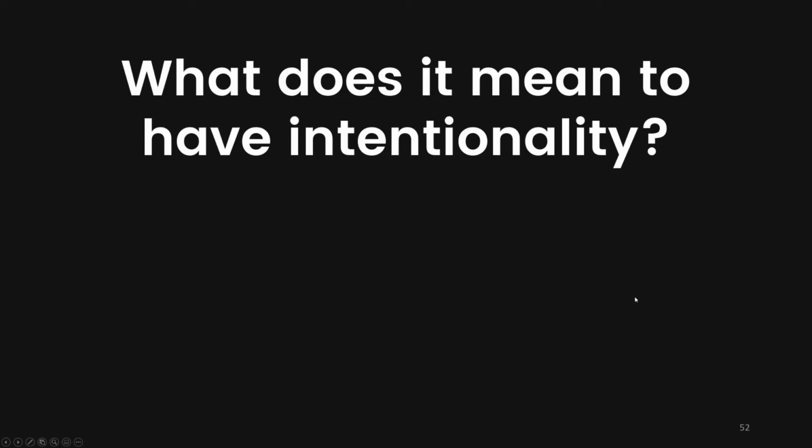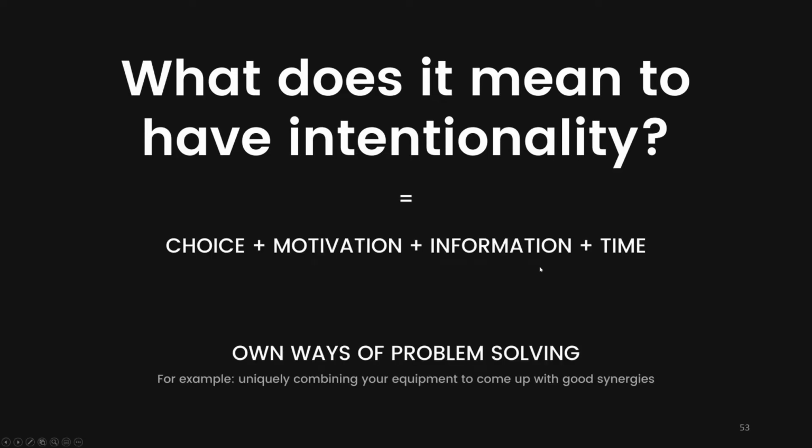So what does it actually mean to have this intentionality? Well, intentionality is basically choice, motivation, and information and time at the same time. So it's the player's way of solving the problems that he is given. And how it works is that we are getting a lot of different equipment in Elden Ring.